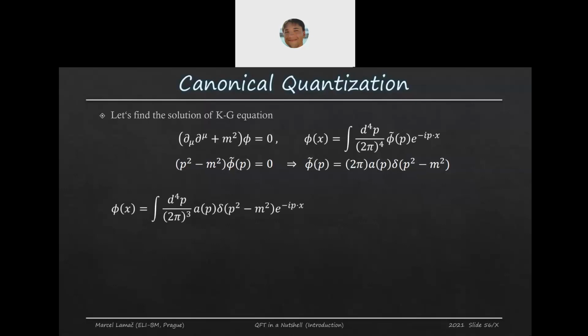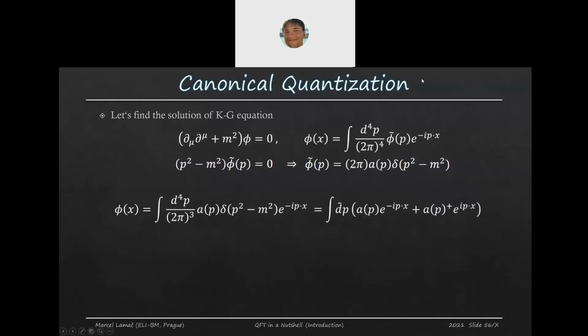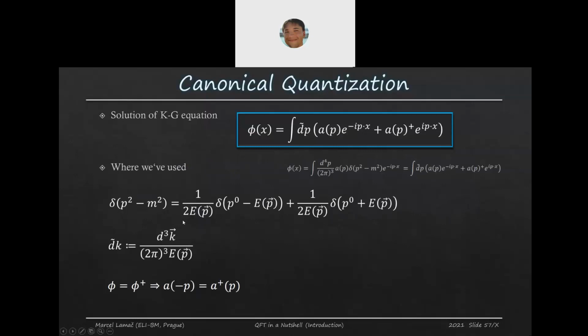Then we simply plug it into the formula for the position dependence of the field, and we get two components in the field due to the Dirac delta function. Where we've simply used that a square inside the Dirac delta function turns out to be a sum of two Dirac delta functions.